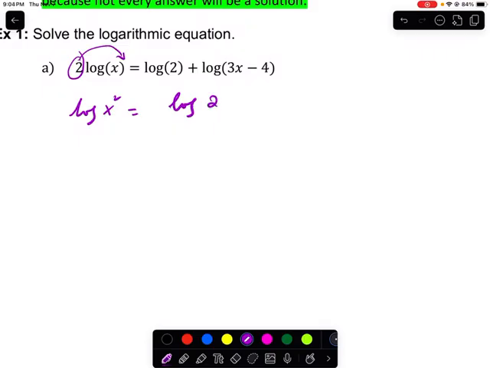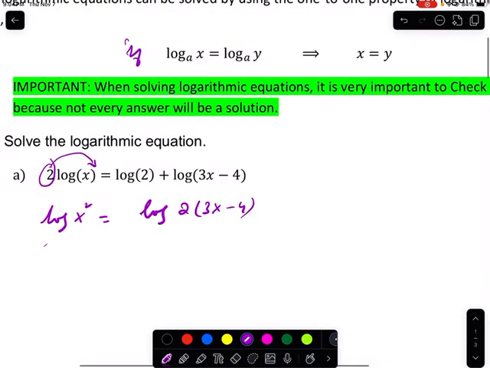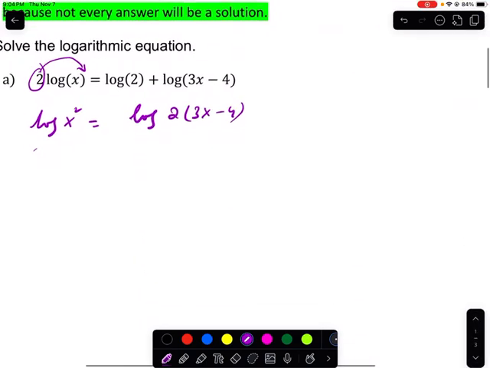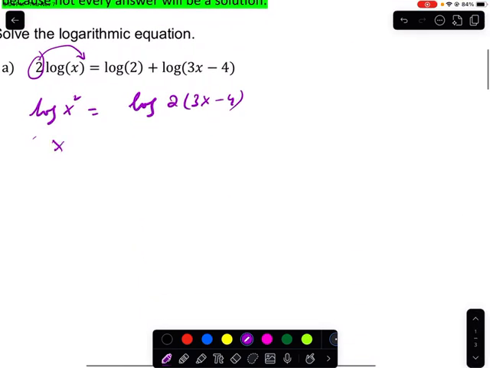So we get log of 2 times 3x minus 4, the product rule. Now, once we have this situation, this is what the one-to-one property says. So this gives me that x squared equals 6x minus 8.